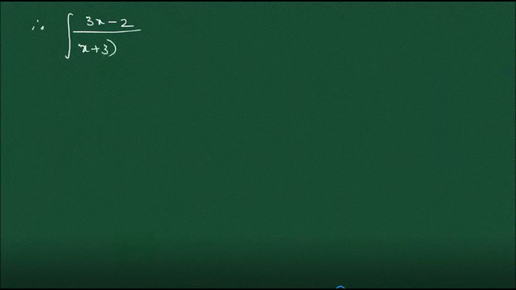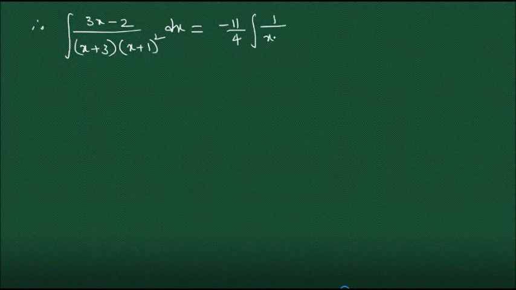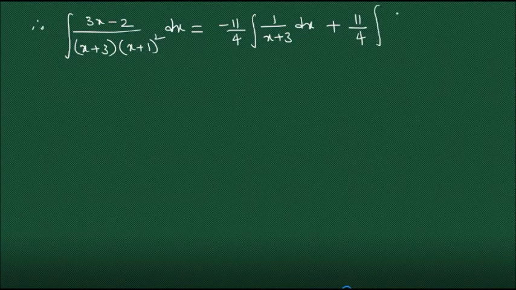Therefore, integration of (3x minus 2) by (x plus 3) into (x plus 1) whole square dx is equal to minus 11 by 4 integration of 1 by (x plus 3) dx plus 11 by 4 integration of 1 by (x plus 1) dx.